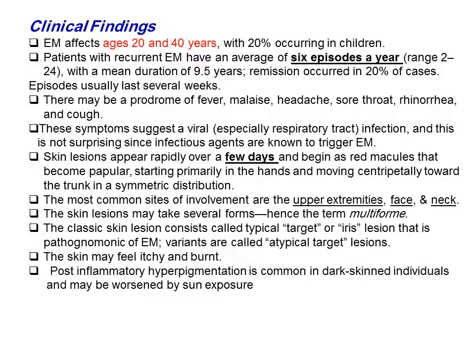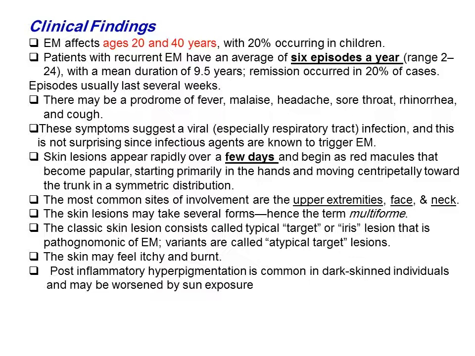There may be a prodrome of fever, malaise, headache, sore throat, rhinorrhea, and cough. These symptoms suggest a viral, mostly respiratory tract infection, and this is not surprising since an infectious agent triggers the erythema multiforme, maybe herpes simplex virus, for example.